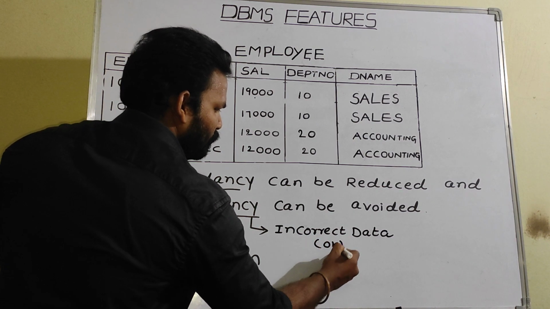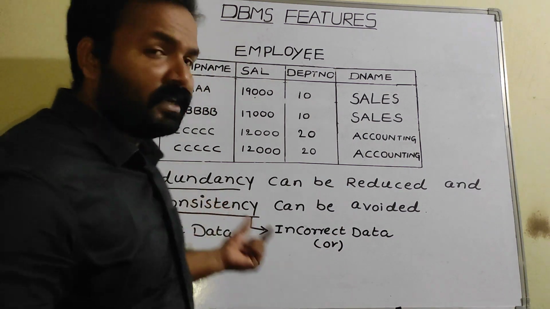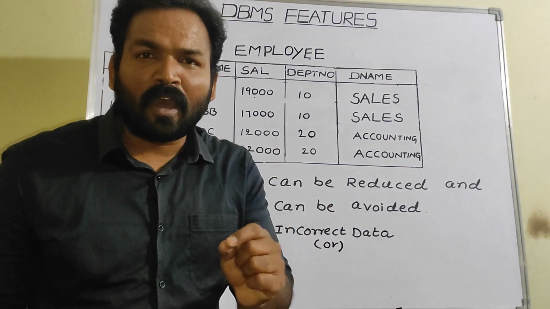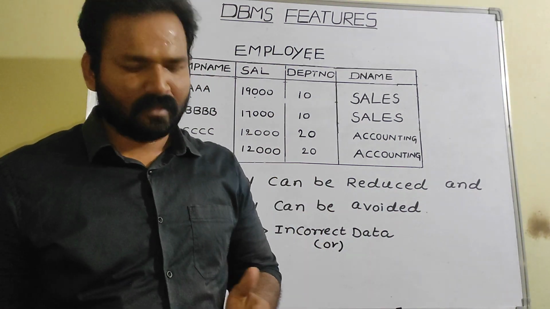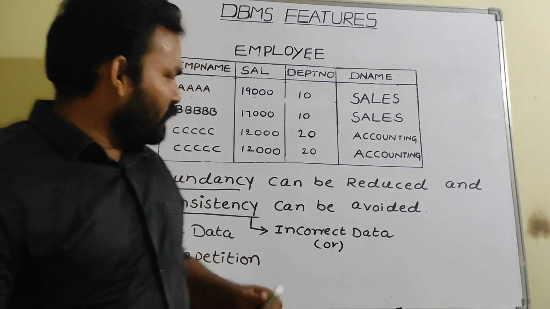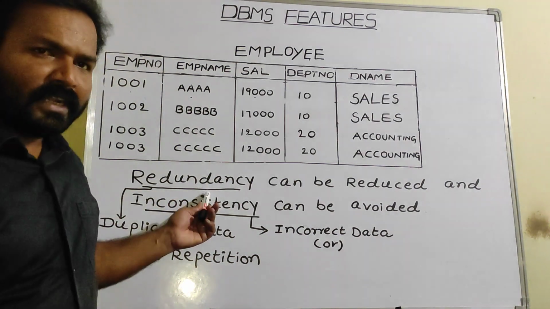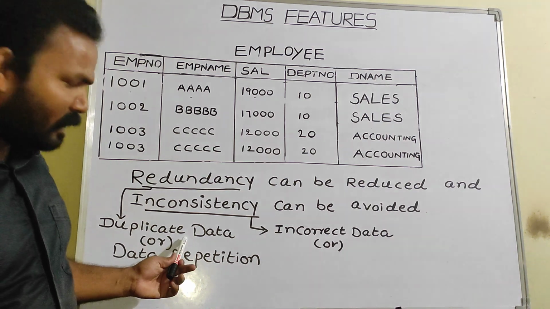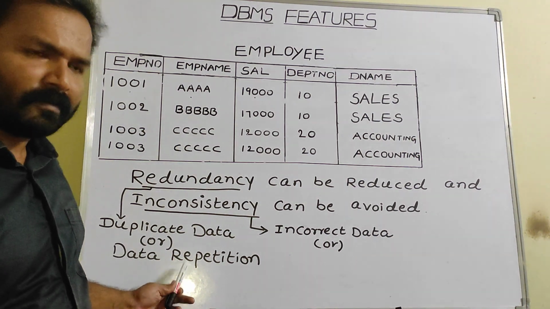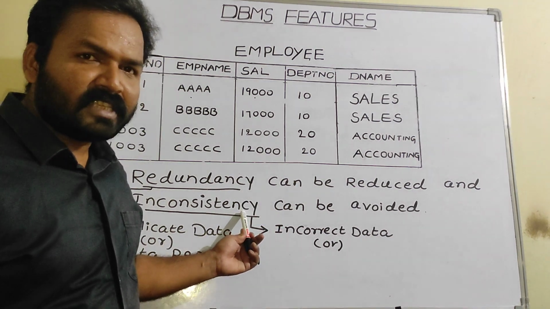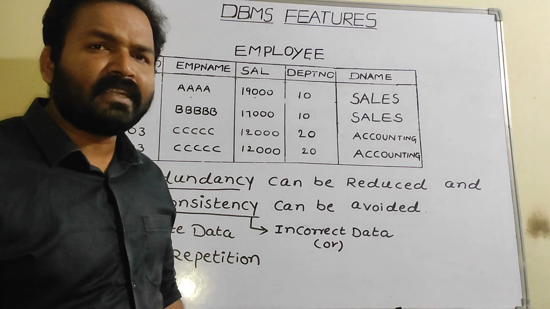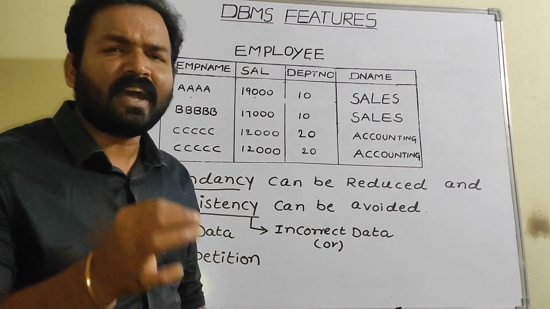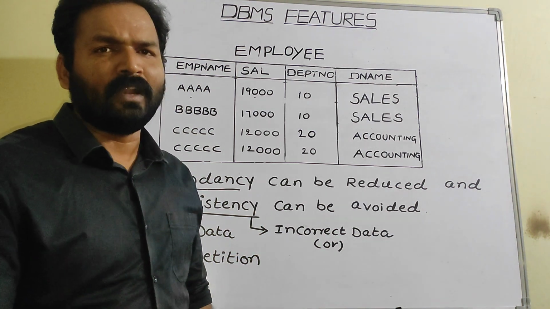So, clear? Data redundancy means duplicate data or data repetition. Inconsistency means incorrect data or the data which is not meaningful.